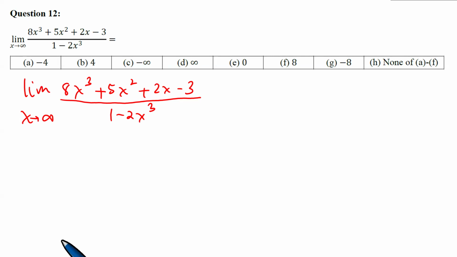You got the answer to be -4. Very well done to you, and that gives option what? That's the correct one? A.